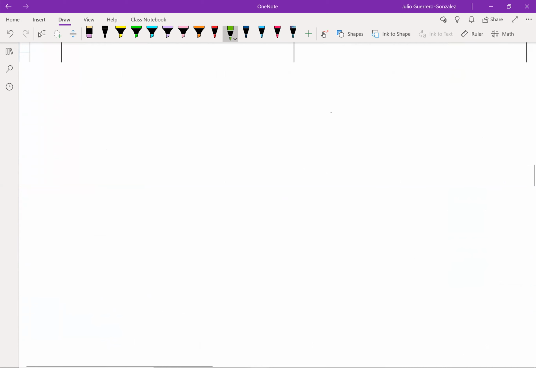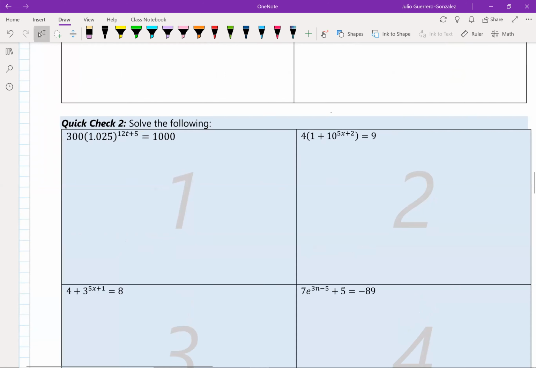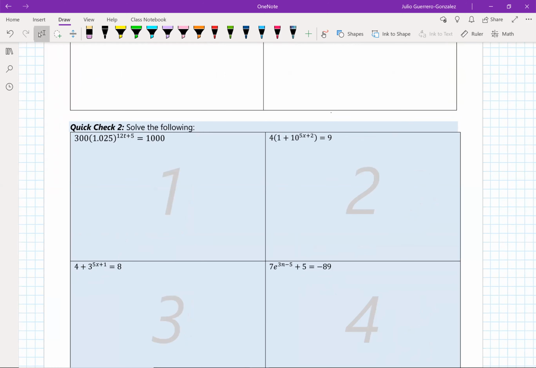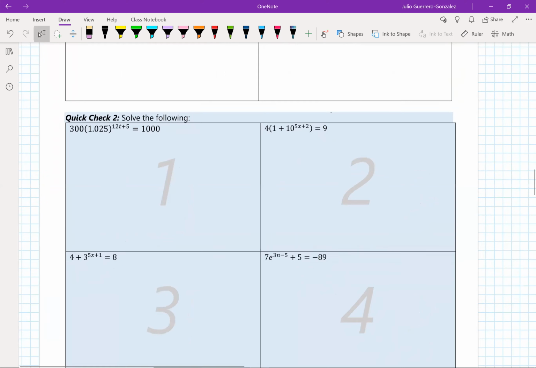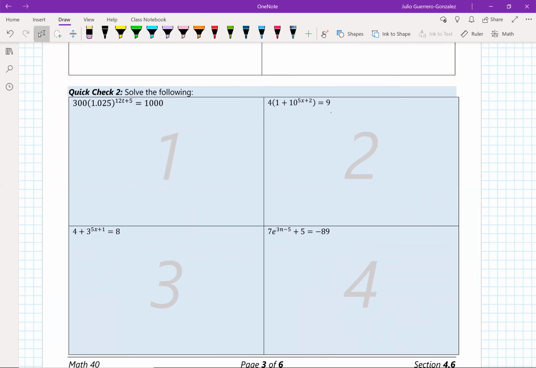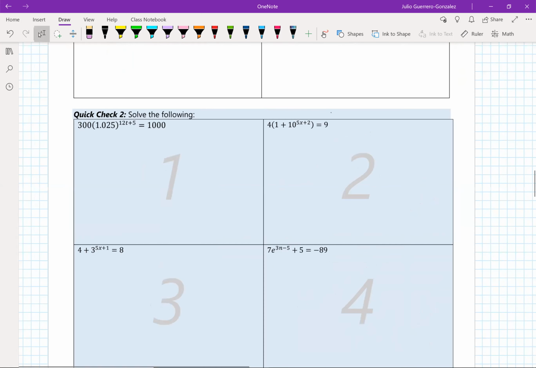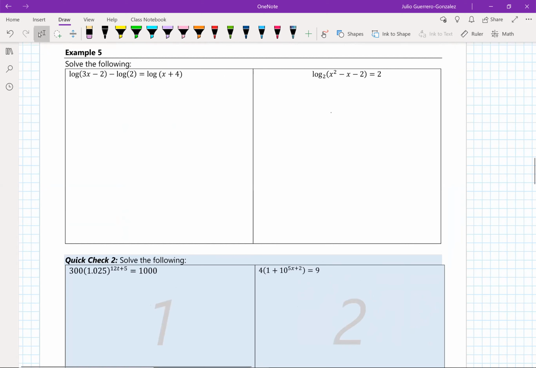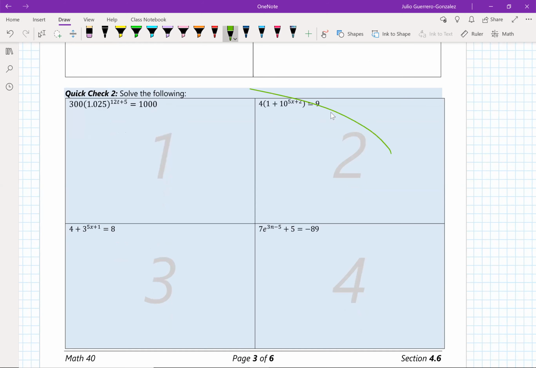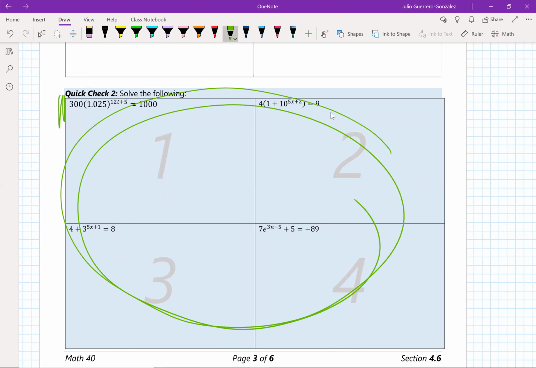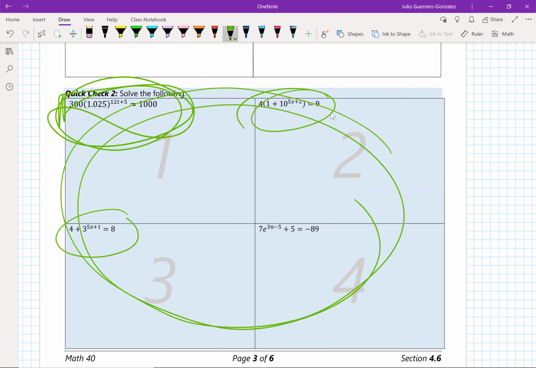Okay, so it turns out I screwed up. I think I might have put in an old copy of section 4.6. So after this, I'm going to have you guys take a break so I can find some more problems for you to do. What happened? It turns out I put in an old copy. Notice how down here, it's the same problems as the ones that you guys did.